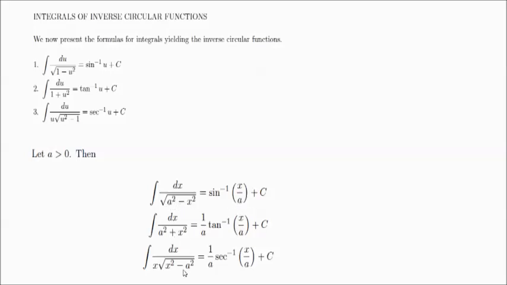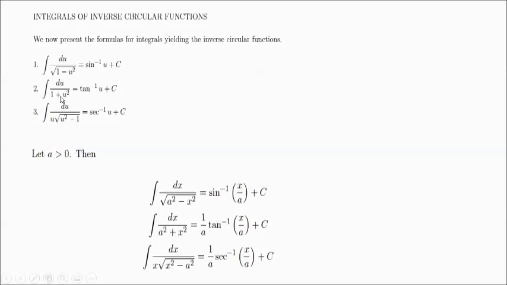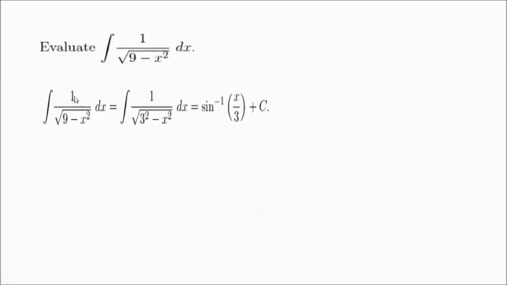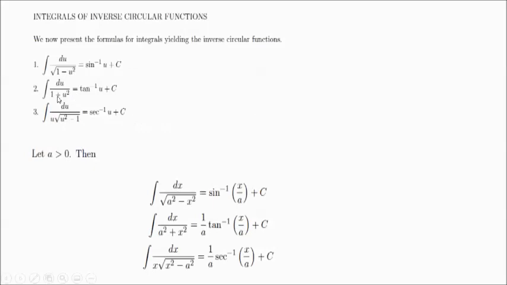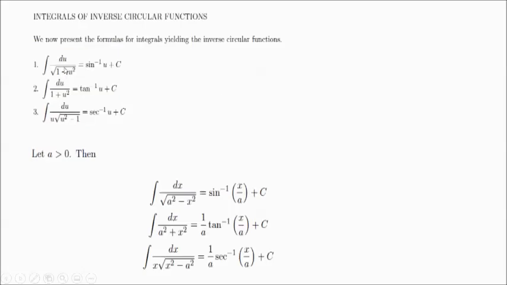Okay? Example. Integral ng 1 over square root ng 9 minus x squared. So paano yung ayos nito? So hindi siya dito kasi hindi siya 1. So we will use, may square root pala siya. So hindi siya dito kasi hindi naman siya 1. So ito yung gagamitin natin.